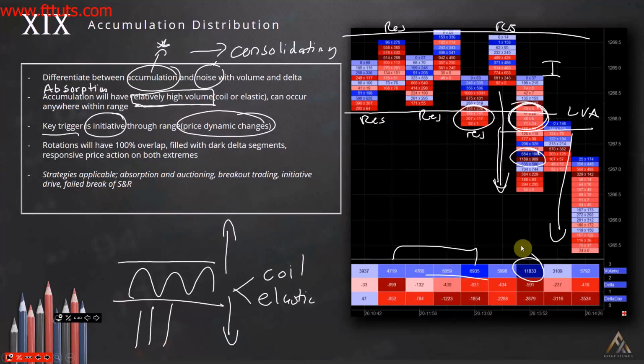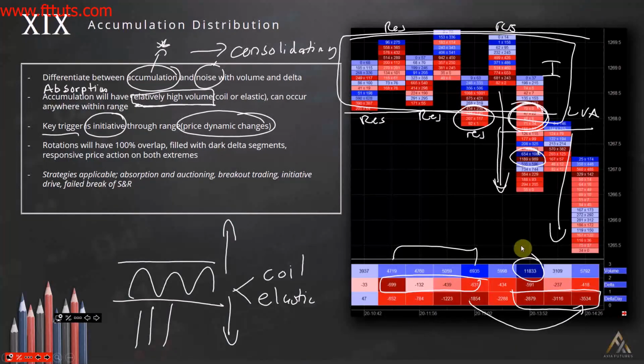Not a great deal of delta shift, and all of a sudden we see the delta shifting dramatically, almost doubling in relative terms over a period of 4 rotations. In terms of accumulation and distribution, this is the accumulation phase, and once it snaps, we begin the process of distribution.